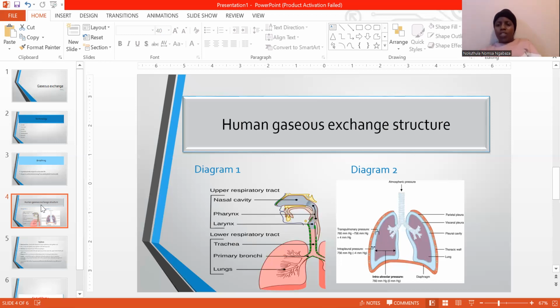Why is it closing? It is to prevent choking. If your epiglottis is open, your food is going to use the wrong windpipe, and then you're going to start choking. That's why every time you swallow, your epiglottis is always going to close.